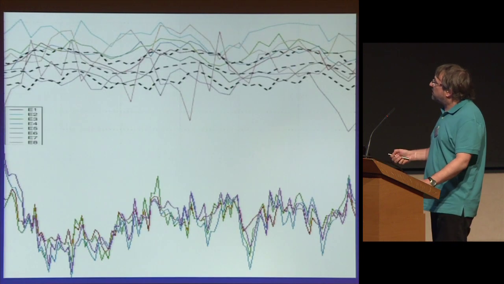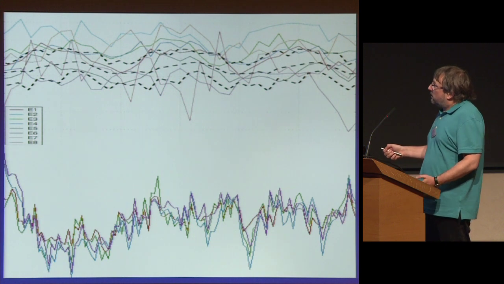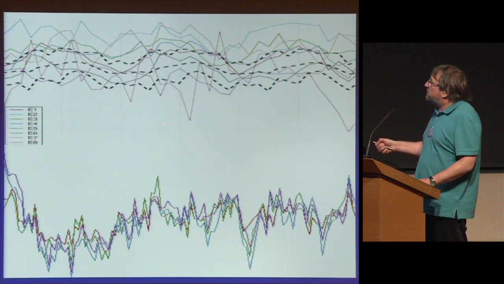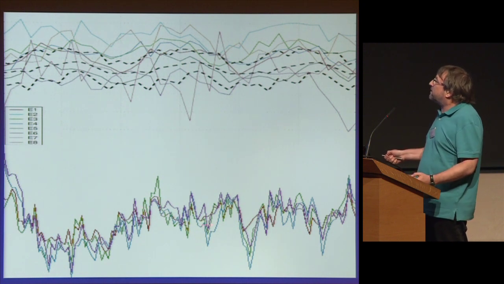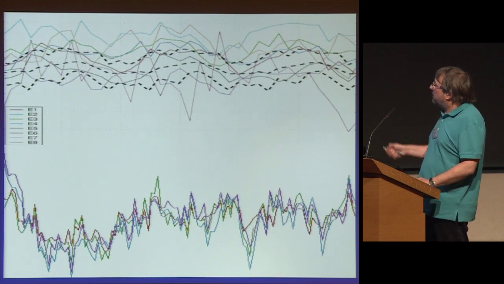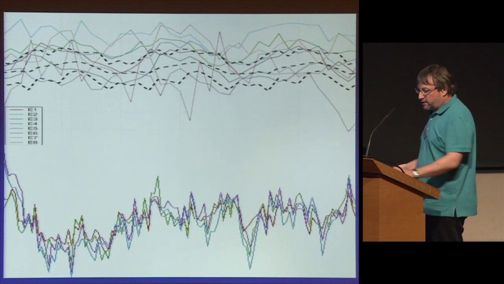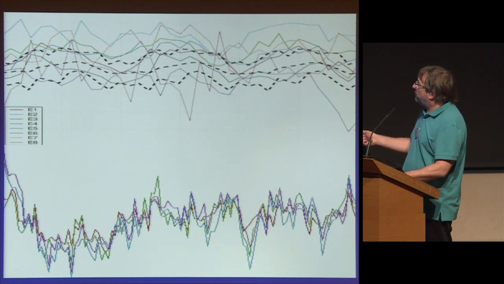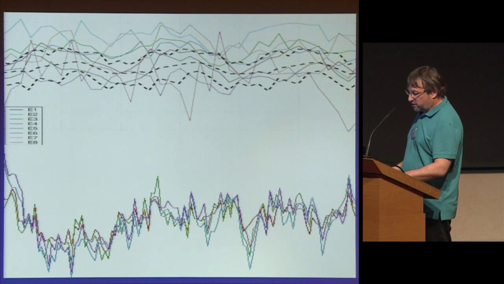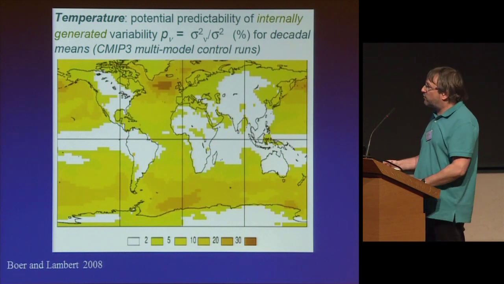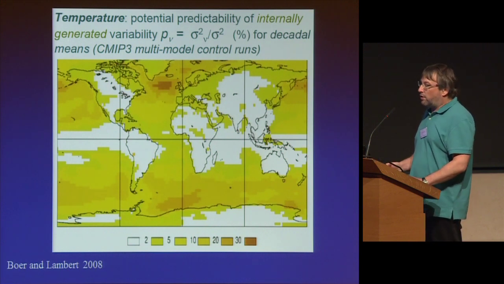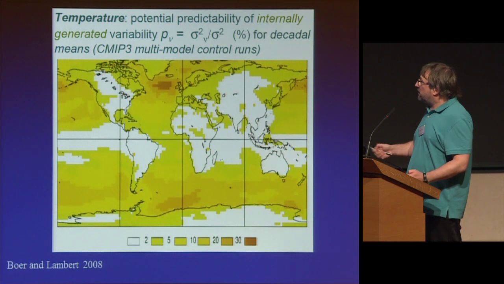To illustrate this, it's easy to intuitively deduce that there is more predictability in a situation like this one than in a situation like this one. And the variance analysis that I presented is a way to put numbers on this kind of idea.